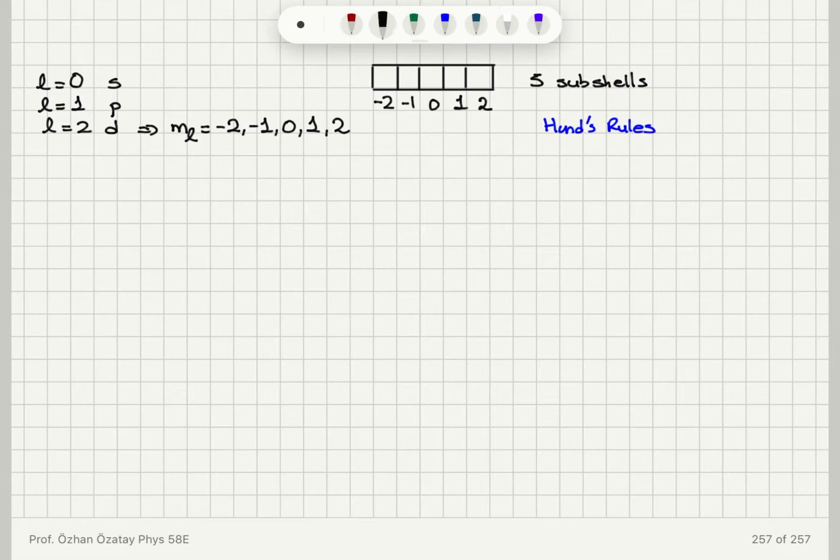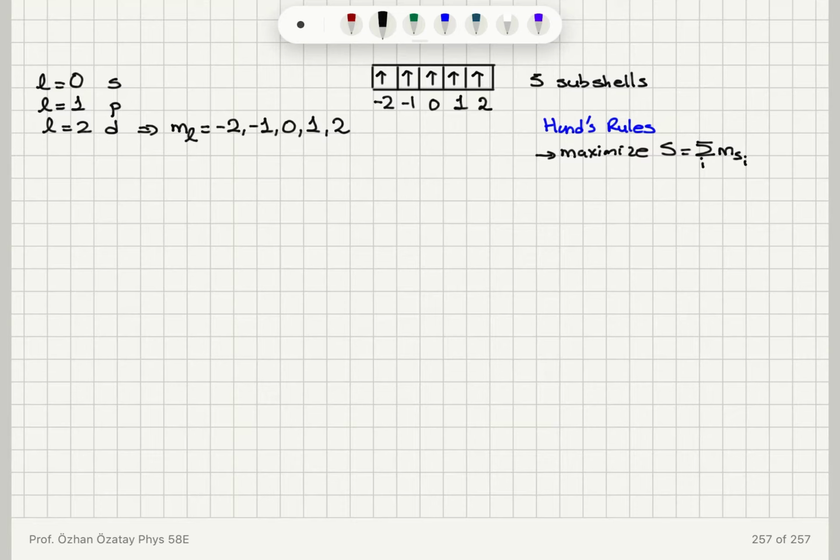And the way we're going to place these electrons, if you remember Hund's rules, the first one is maximize the total spin quantum number. This will be the sum over m sub s values for each electron. When we place these electrons in these subshells, in order to maximize S, we have all of them pointing in the same direction, but that makes 5 electrons because we have 6 electrons.